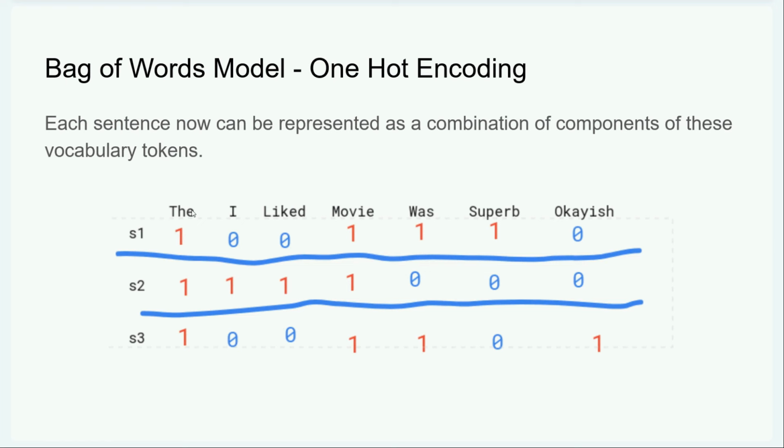That means for each sentence that I encode, the vector would be of size 7, equal to the size of the vocabulary. And not every sentence that I represent will have all those words. This sentence had 4 words and 3 were 0. So almost 50% of the vector is empty because those words do not make up that sentence. So it's a sparse vector.